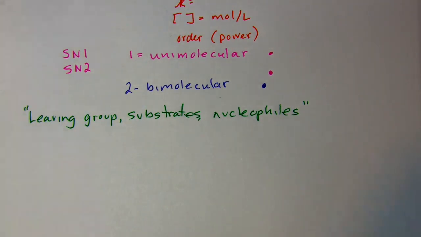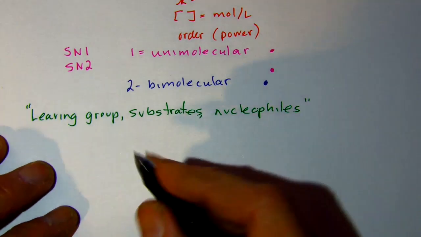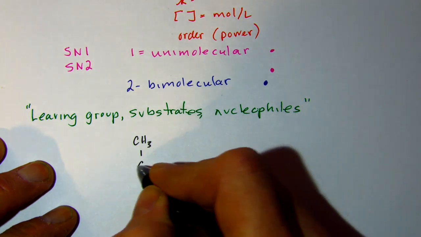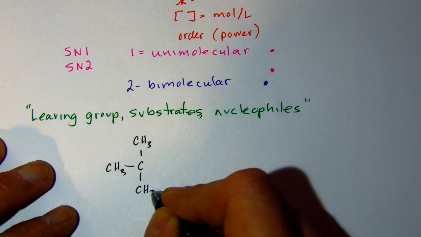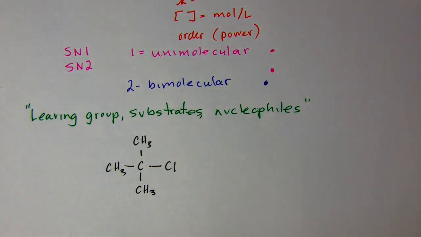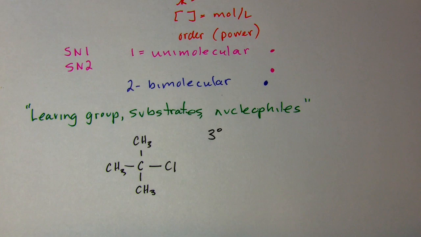I'm going to draw one out for you. This is an SN1 reaction of sorts. It's not a complete one, and it's not going to show everything you need for later on. But if I draw this, this is a classic example of a substrate. This is what we call a tertiary, right? That's a tertiary carbon.